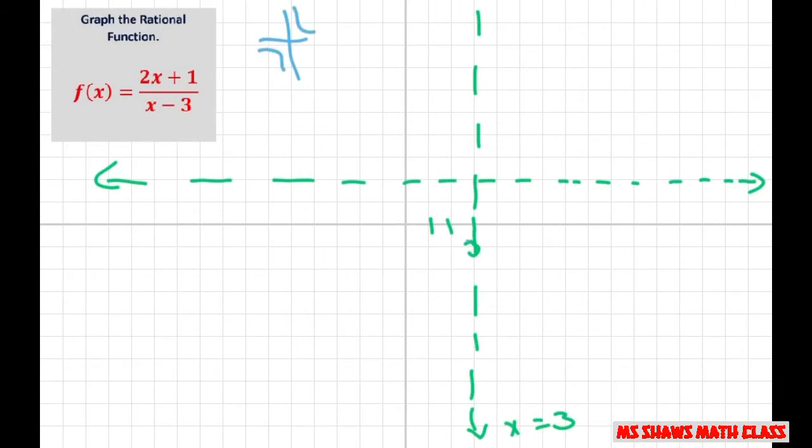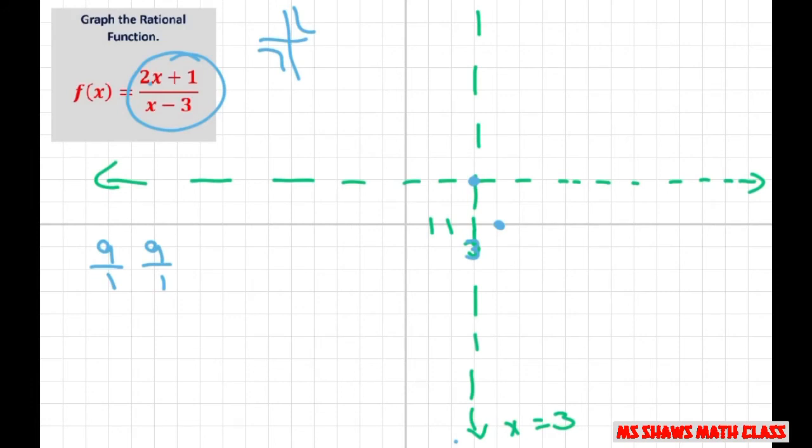So what we want to do is pick, say, a 4. Let's see what 4 goes to, because I don't know which part of this new quadrant it falls in. If I plug in 4, I'm going to get 9 divided by 1.